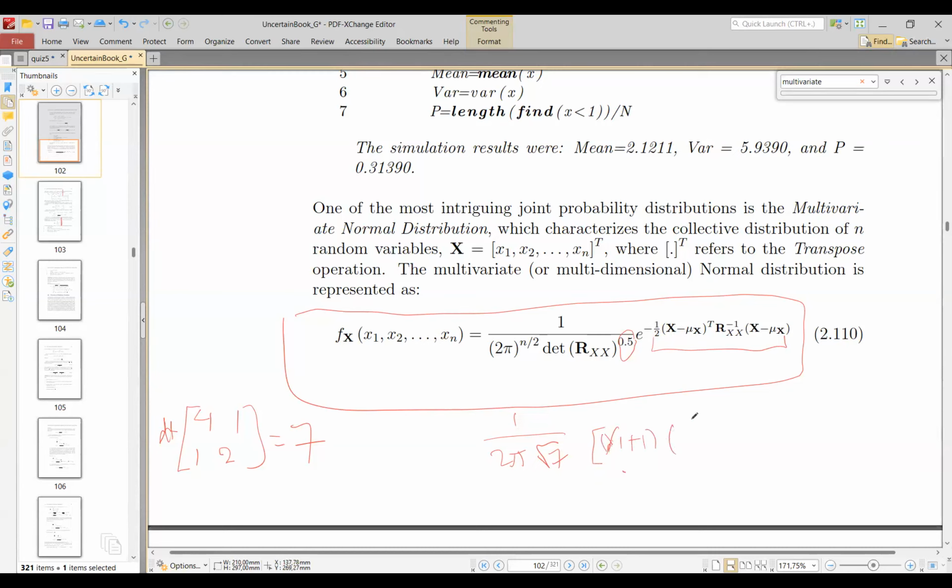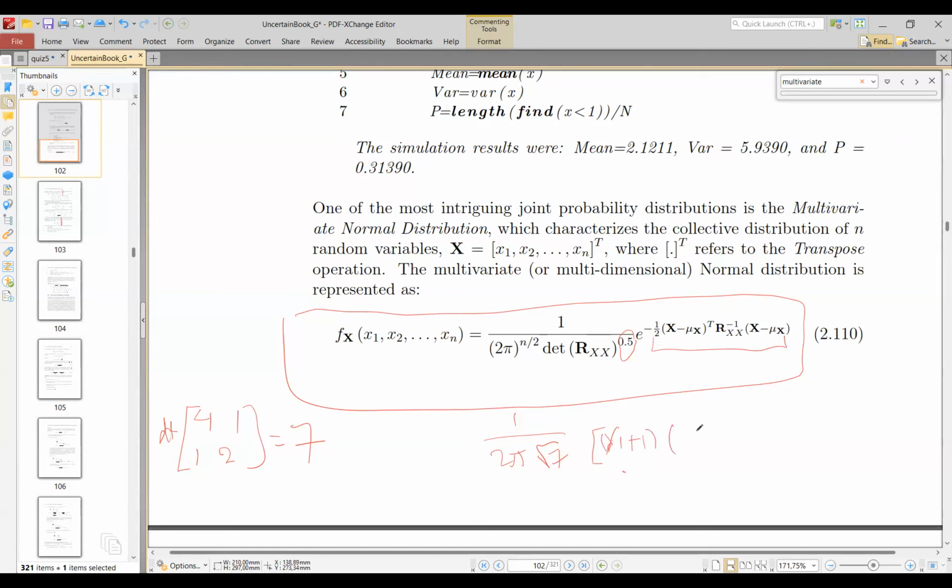So the second element is x2 minus mu x2. Mu x2 equal to 1. So it will be x2 minus 1. So now this is the first element. Of course, I put it as a row vector because here we have transpose. Then multiplied by Rxx inverse. So I need to take the inverse of this matrix.